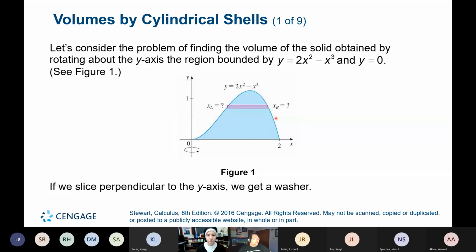So if we're looking at this function here, y equals 2x squared minus x to the third, and we're rotating this around the y-axis. If we slice it the way we've been doing, you'd get a washer.